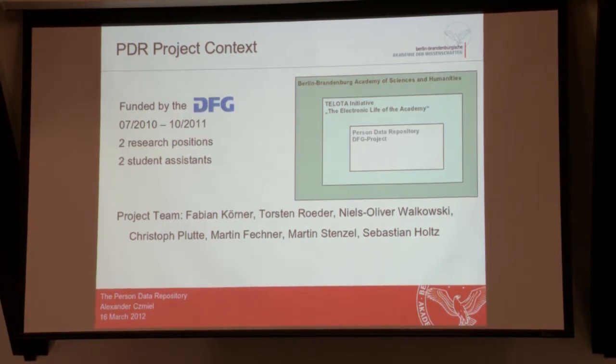The project is embedded in the work of the Telota Initiative Working Group, which is roughly the IT working group of the Berlin-Brandenburg Academy of Sciences and Humanities, the institute where I come from, and to which I will refer from now on just as the Academy, otherwise my time is running away.